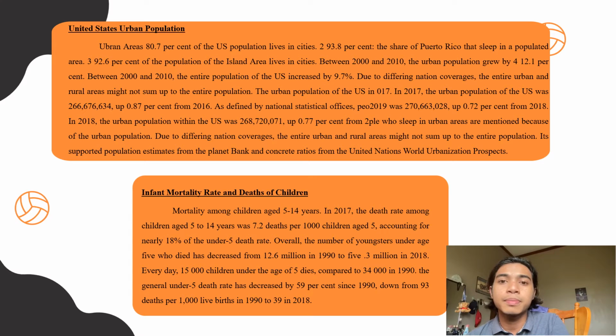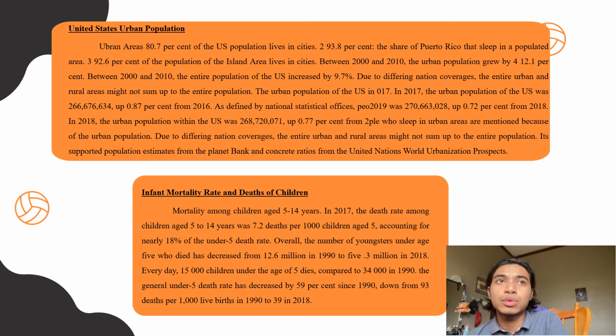United States urban population areas are 80.7% of the US population living in cities. The share of Puerto Rico that lives in populated areas is 93.6%.